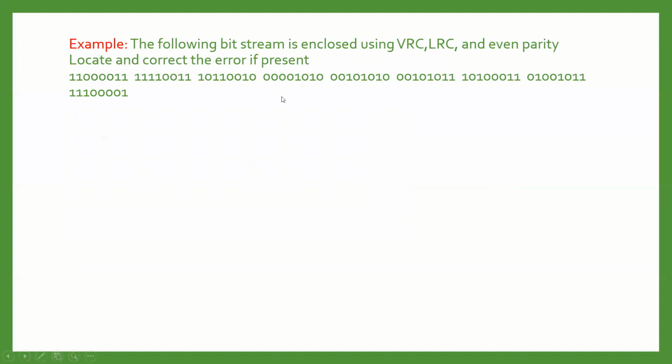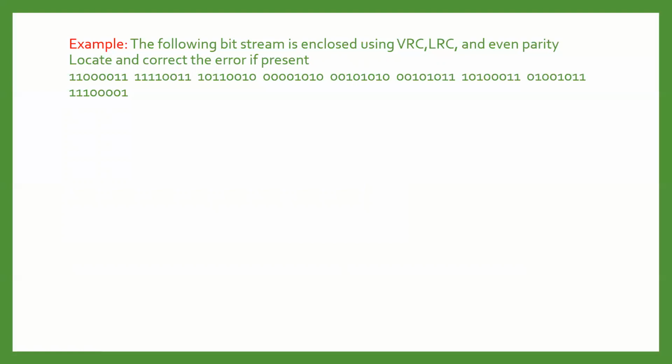This has already been received by the receiver. That means the sender has done all the procedure on the original data, and this data contains VRC and LRC. So first of all we have to write all this data in table form, and whatever the last column is will be your VRC, and whatever the last row is will be your LRC.